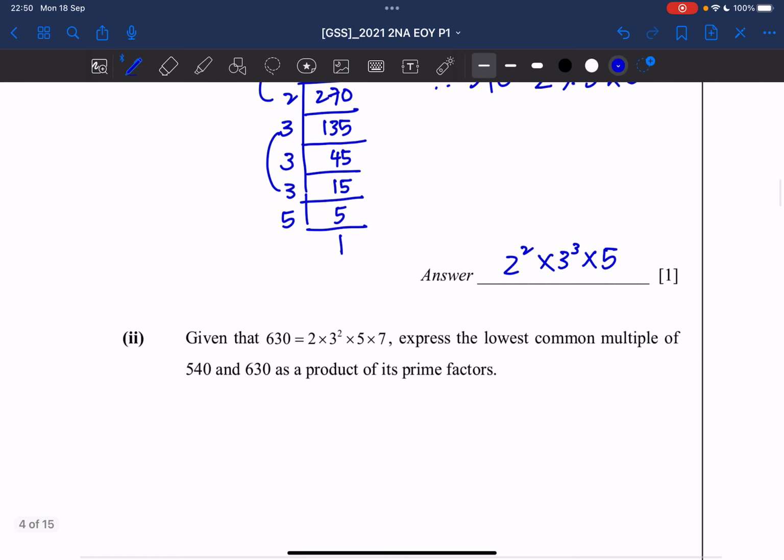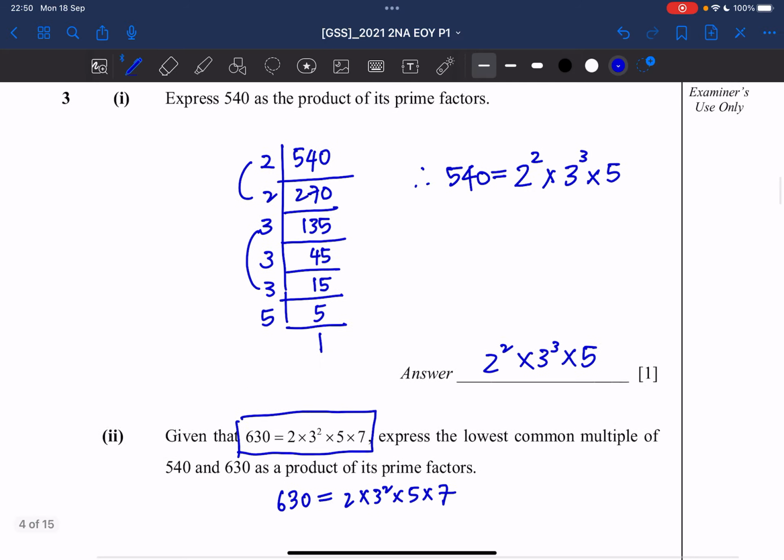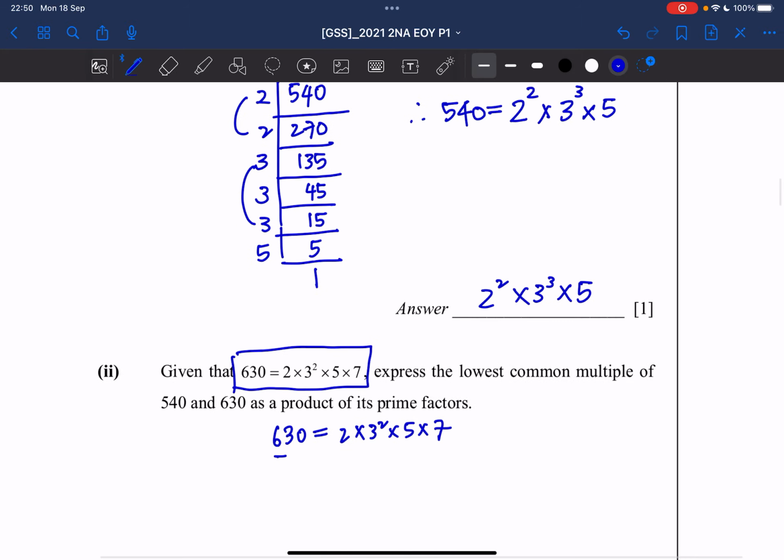They say, given that 630 equals to this, express the lowest common multiple as a product. So we have two numbers. 2 times 3 squared times 5 times 7. And then we have another number, 540 equals 2 squared times 3 cubed times 5.